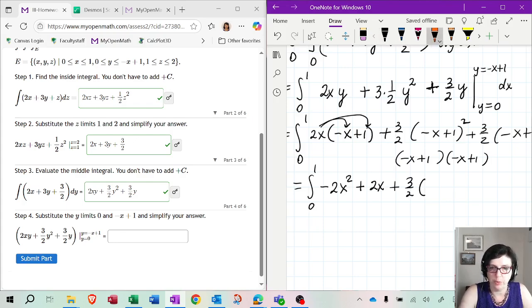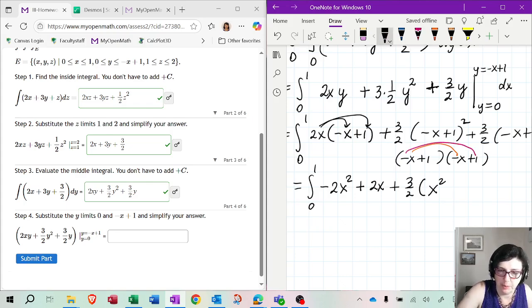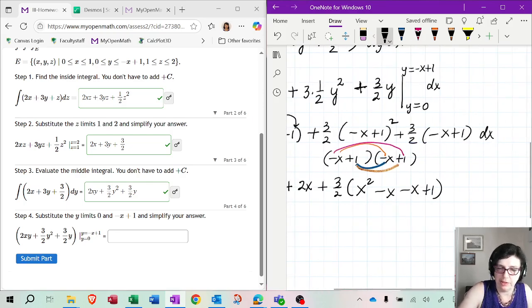First, that's going to be positive x squared. Then outer, so that's minus x. Then inner, that's another minus x. And finally, last, so that would be plus 1. The other ones are easier. That's 3/2 x with the negative, and then plus 3/2.